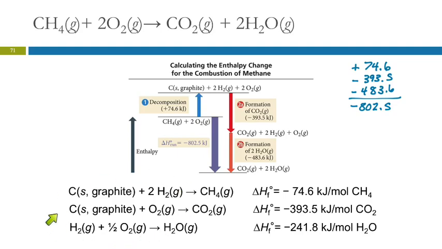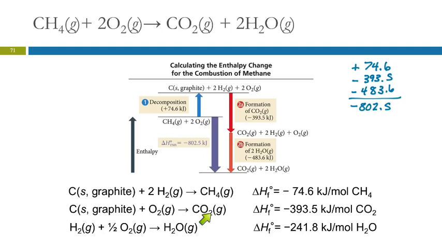We can also do it by combining these formation equations for the different compounds. We've got methane as one of the reactants. This is the formation equation for methane. But instead of forming methane, we're taking it apart, so this would be opposite in sign. We can look at the formation equation for carbon dioxide, taking carbon and oxygen to make carbon dioxide.